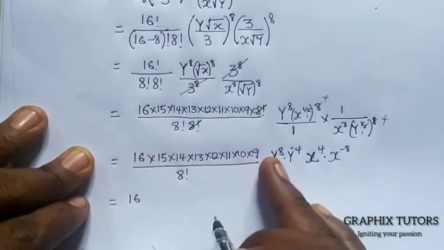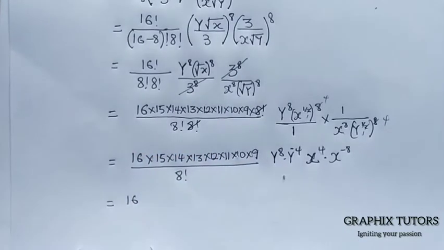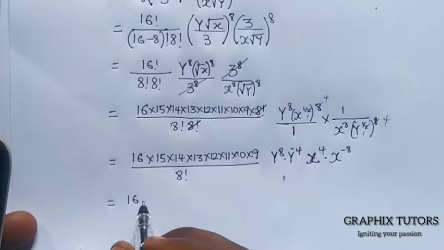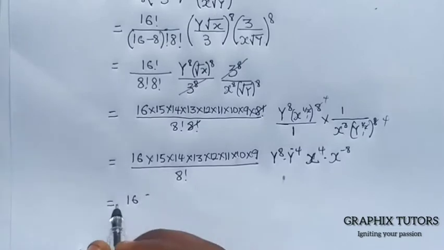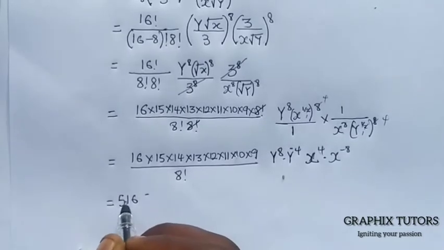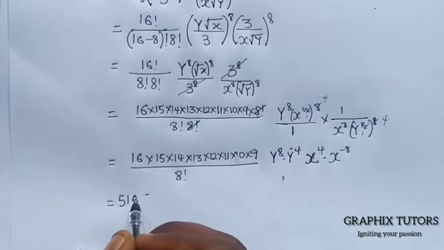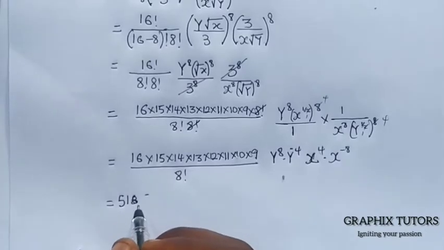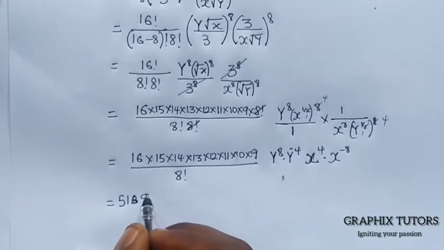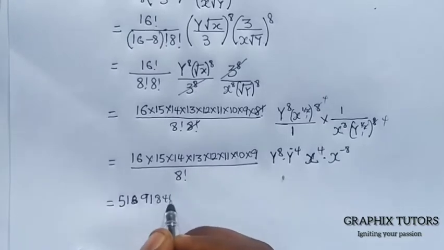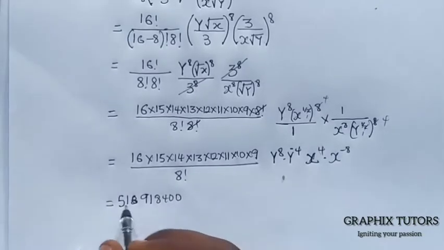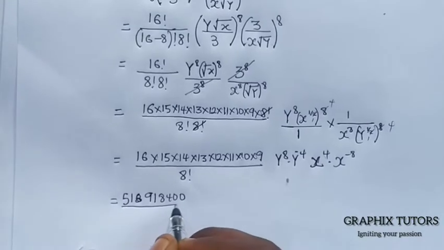If you multiply all this, you'll be having 518,918,400, all over what?